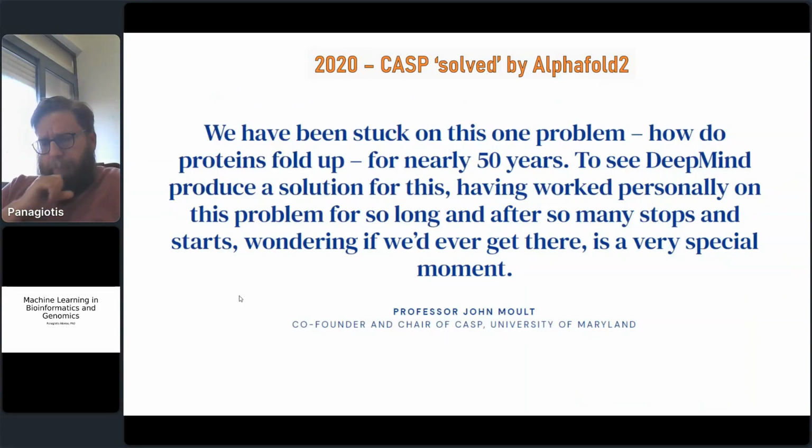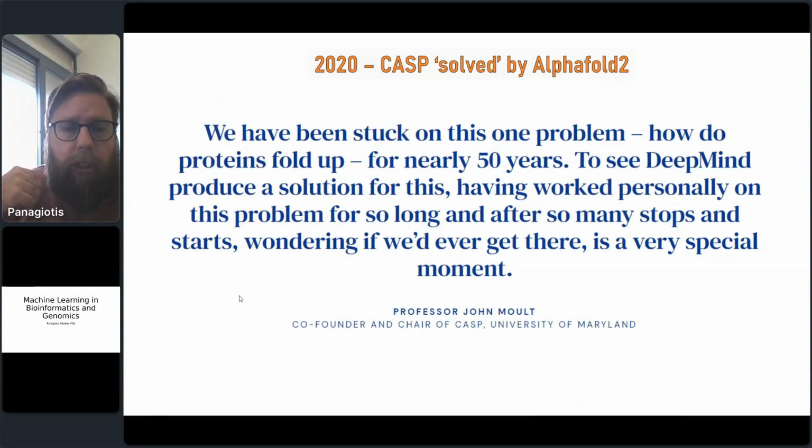And a couple of years ago, Google came up with AlphaFold 2, which at this point is basically as good as the experimental techniques for most things.